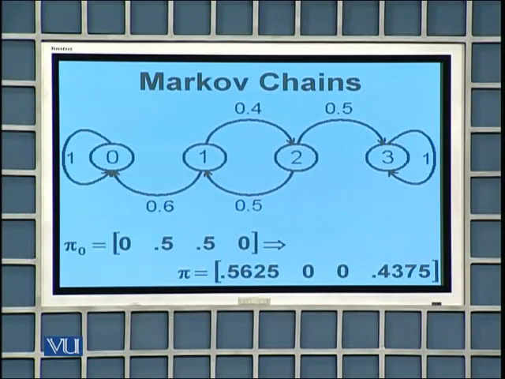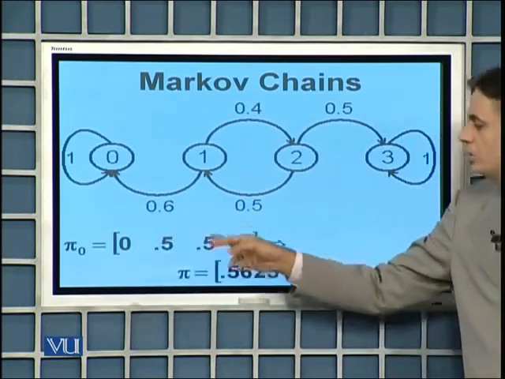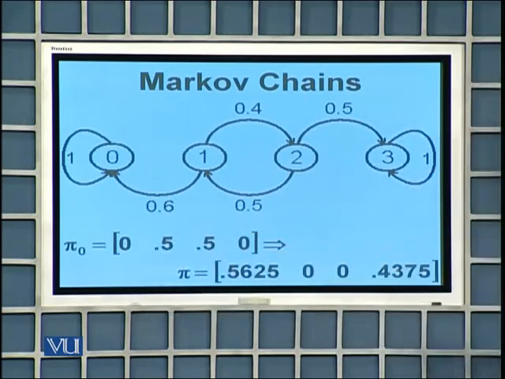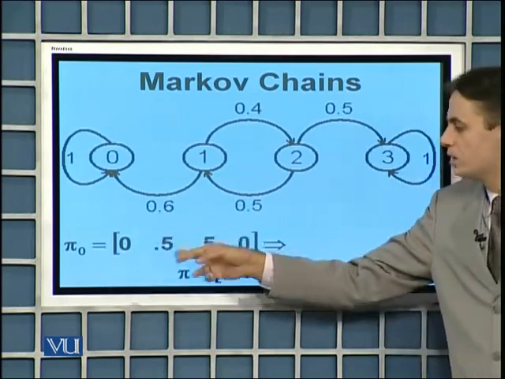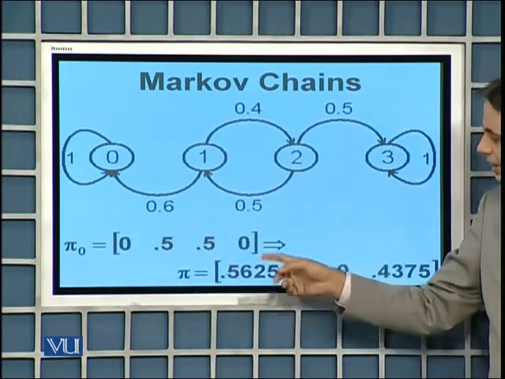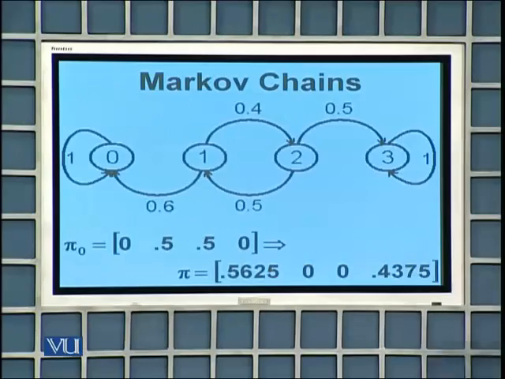But we saw that if the starting probability distribution was 0.5, 0, 0, 0.5, the stationary distribution was also 0.5, 0, 0, 0.5. And I told you that if it was 0.1, 0, 0, 0.9, then the stationary distribution was also 0.1, 0, 0, 0.9.